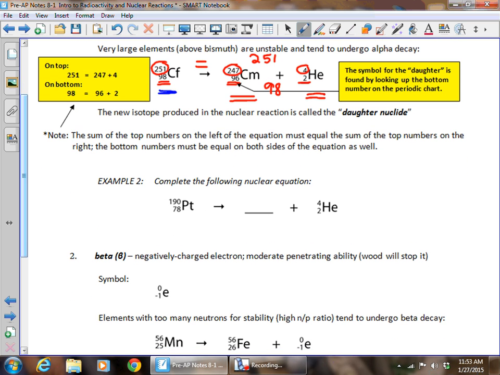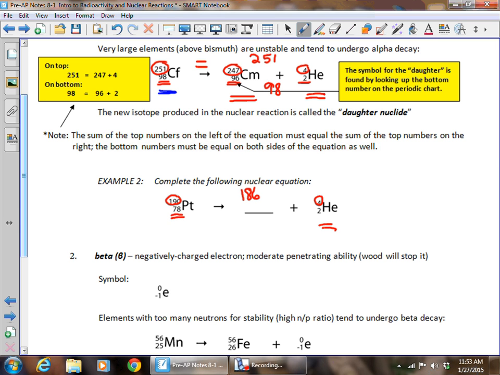So look at this example. We've got platinum-190, and we're wanting to see what the daughter nuclide would be if it spits out an alpha particle over here. So if the top number here is 4, the top number here is 190, then 186 on top for this particular isotope, the daughter nuclide.